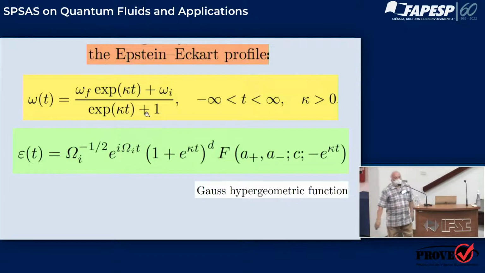In this case, the equation can be solved exactly in terms of Gauss hypergeometric functions. About Gauss hypergeometric functions, we know a lot of things, but not all things. But fortunately, in our problem, everything can be done exactly.